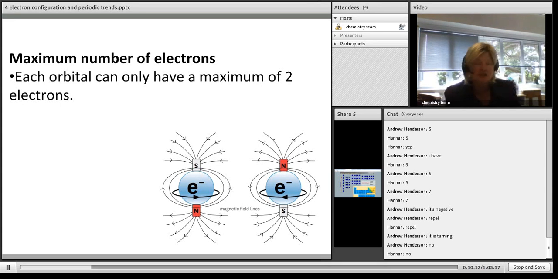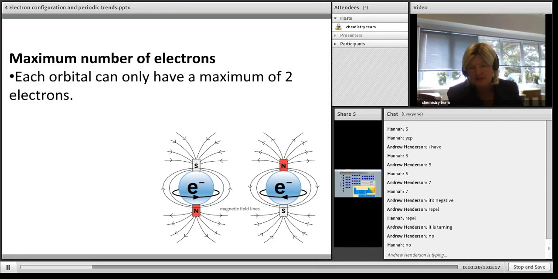If I try to put a third electron into that same area though, what do you think is going to happen? I see you both typing. There'd be an imbalance, yes, because if I put a third electron in, the negative charge is going to repel, and it's going to be either the north on top or the south on top, so it's going to repel one of them regardless.